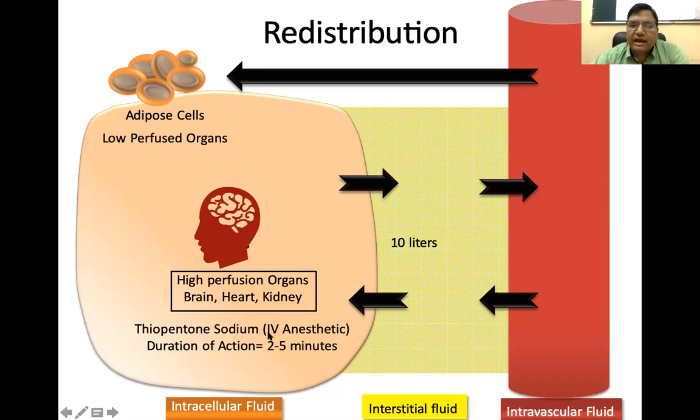Thiopental sodium is an IV anesthetic drug, that is, it is used for producing anesthesia. It has to inhibit the brain. So as soon as the IV injection of thiopental sodium is given, due to the high perfusion of blood in the brain, this drug reaches the peak concentration very quickly in the brain.